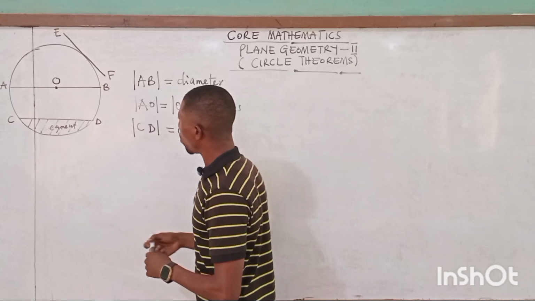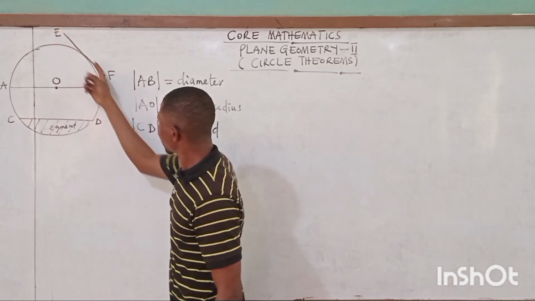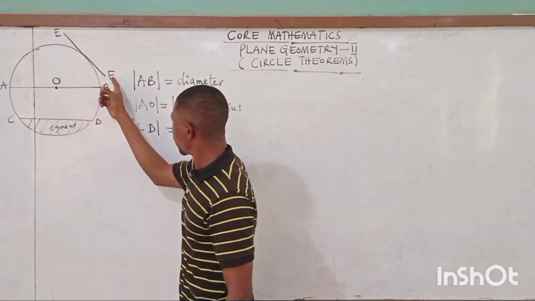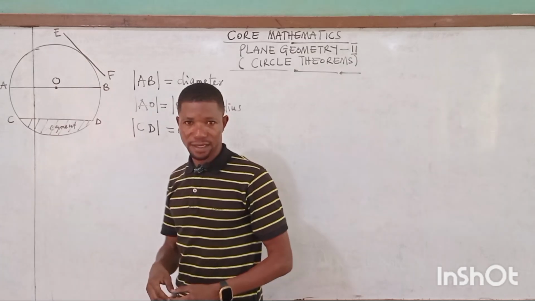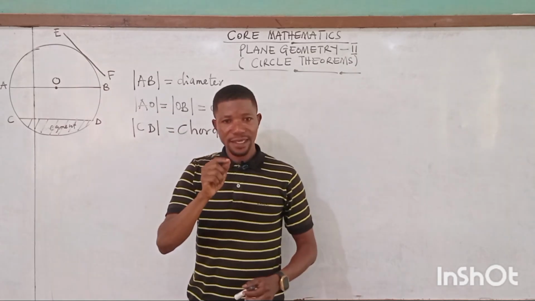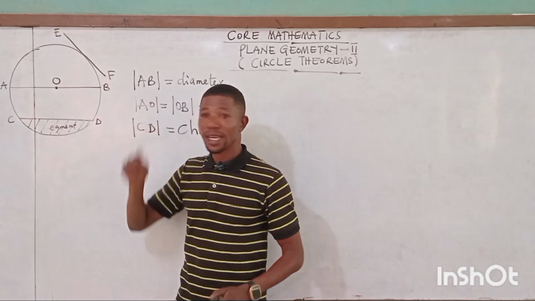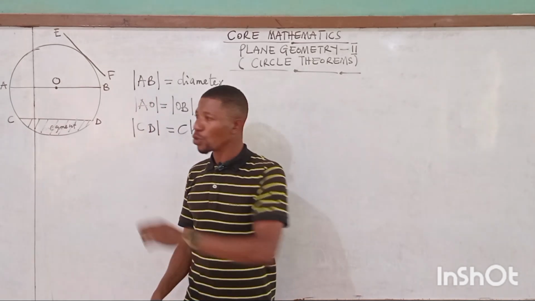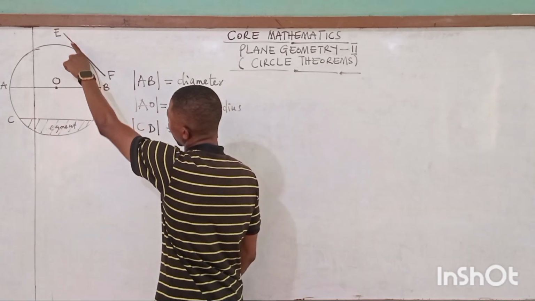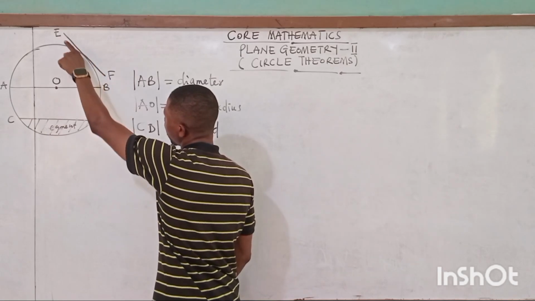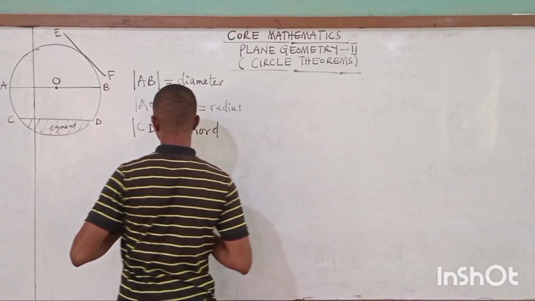We have also a tangent. This EF is a tangent. A tangent is a straight line that touches the circle at one and only one point. So you can see that the tangent touches the circle at one and only one point here. So the EF is the tangent of the circle.